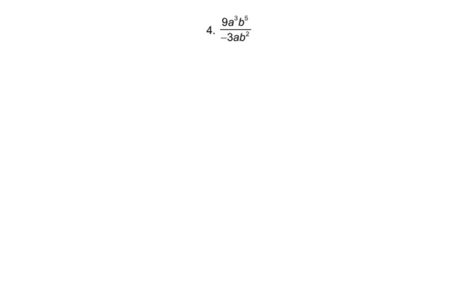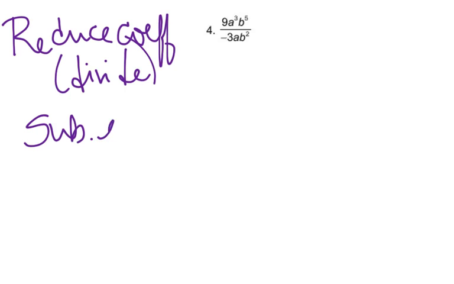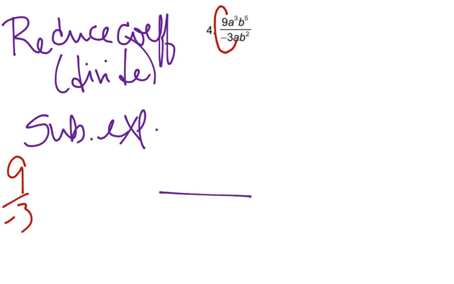When you have a fraction, you reduce coefficients, or if you want to, you can divide them, and you subtract the exponents. I like to start by drawing my fraction, and I would like to deal with my coefficients first. 9 over negative 3 would reduce.